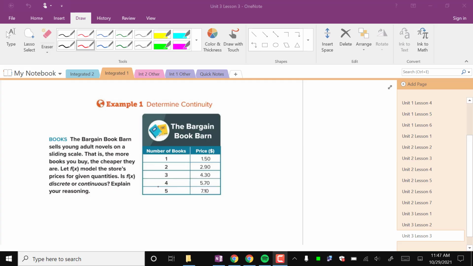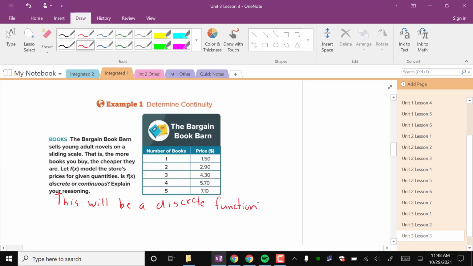Since we can't have a fraction of a book, this is going to be a discrete function. And again, that's because we can't have 1.75 of a book.